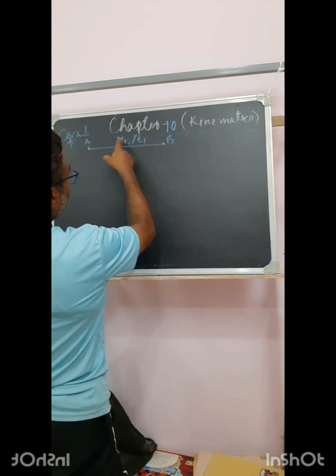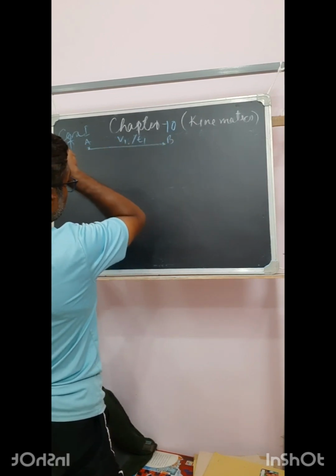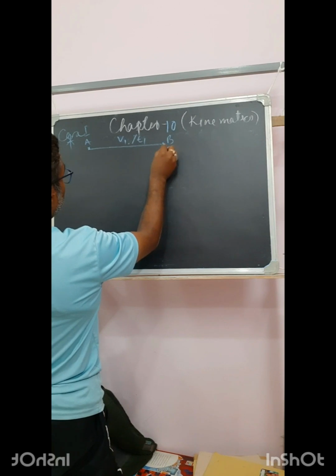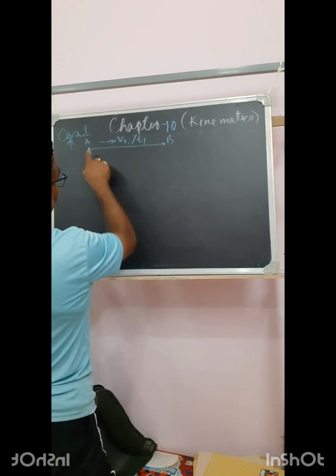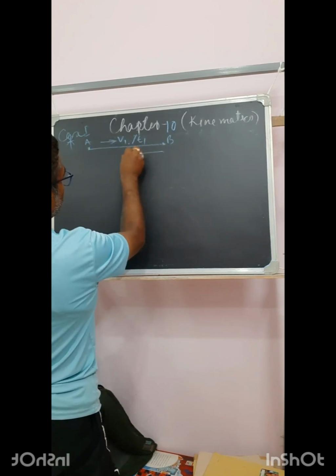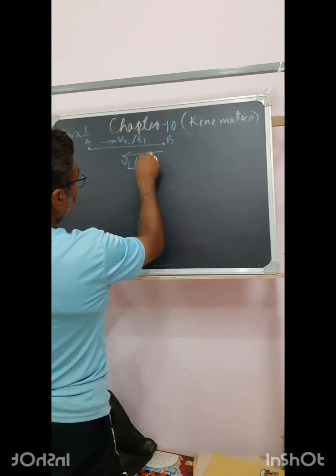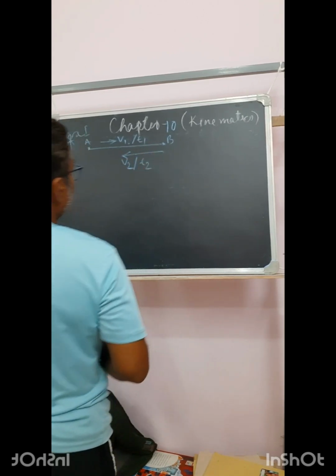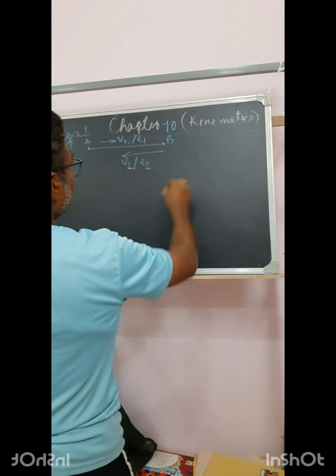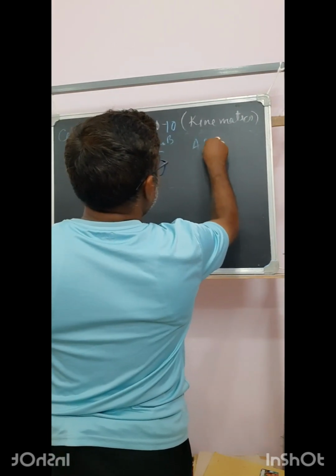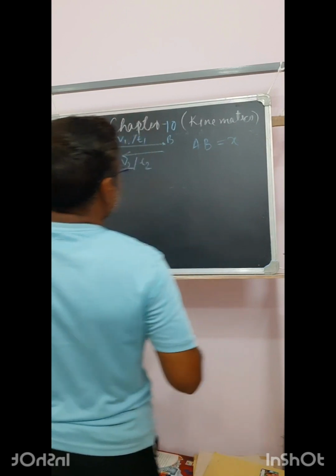Because it is linear, in the same direction the speed is v1 while moving from A to B. While moving from B to A, it changes its velocity or speed, and the time taken is t2 to move the same distance. My assumption is that the distance AB is x.